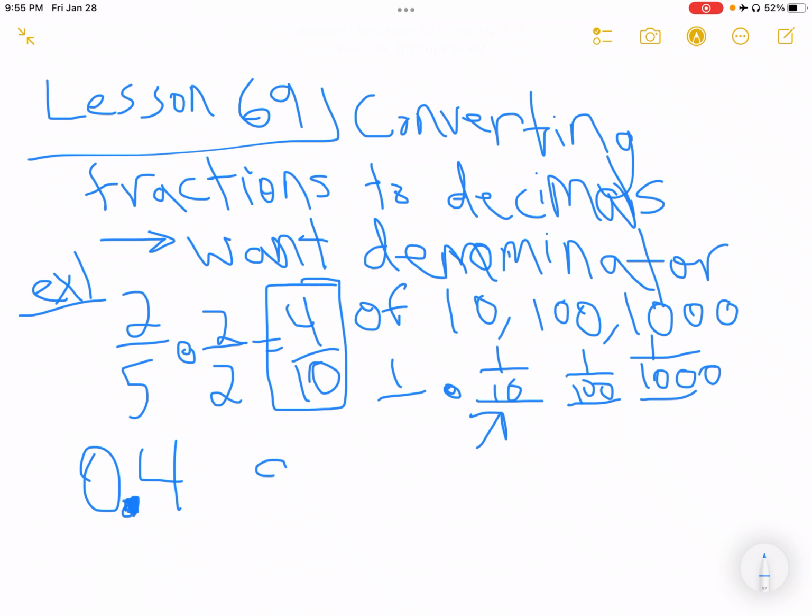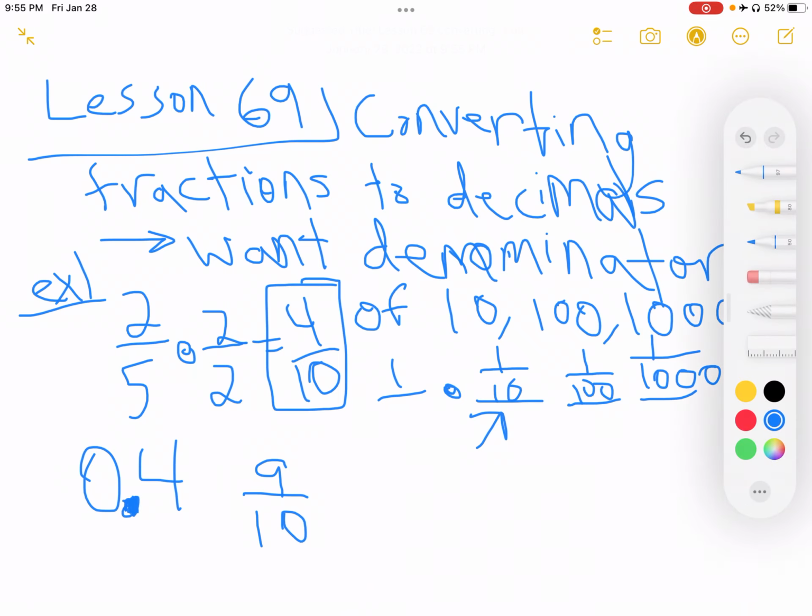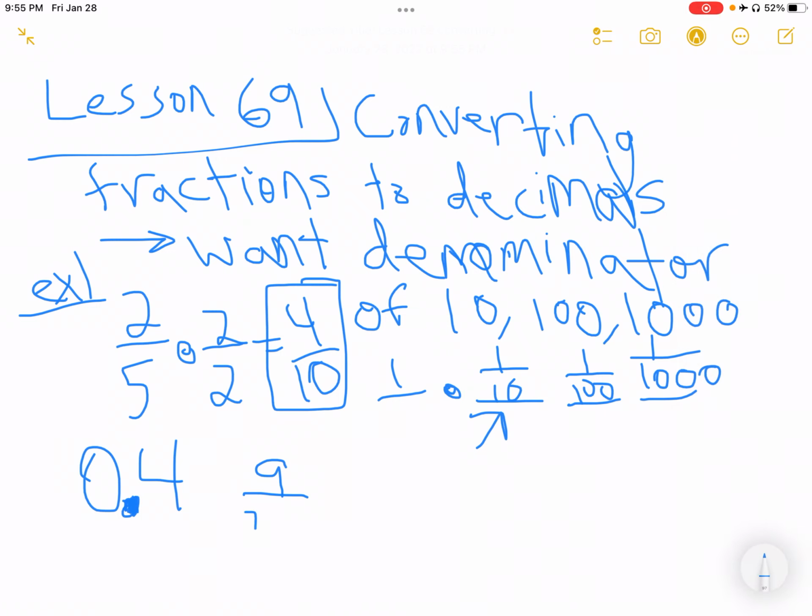If you had something a little more complicated, like 9/20, we'd want a denominator of 10, 100, or 1,000. We can see we'd want it to be 100, so we multiply top and bottom by 5.